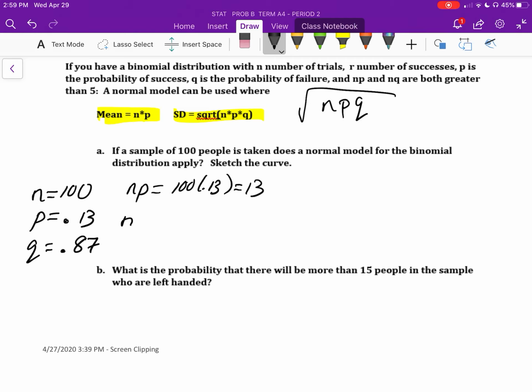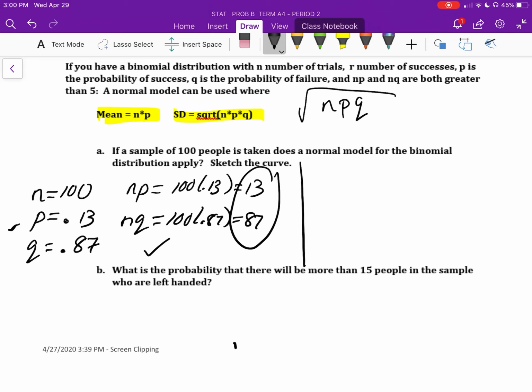And we're going to check n times Q, which is 100 times 0.87, which is 87. Well, both of these are larger than 5. So that's a check. Also, we have a probability of success and failure, so that's our second check. So we can use our model.